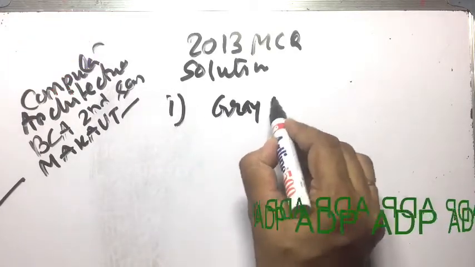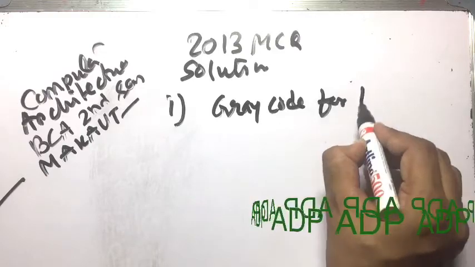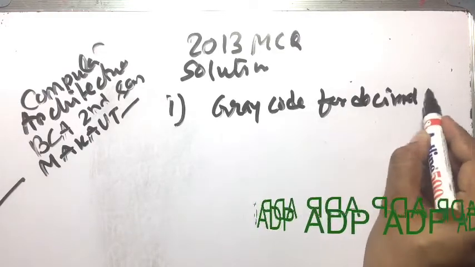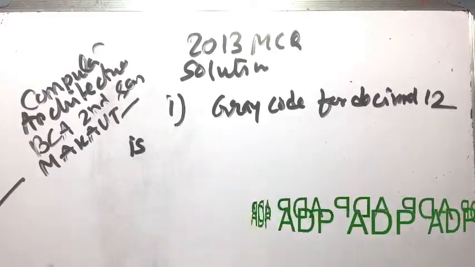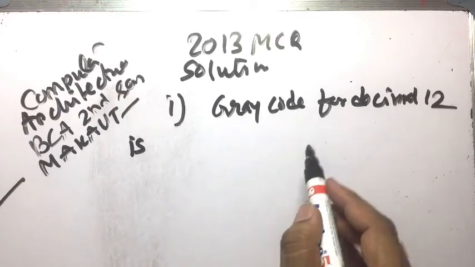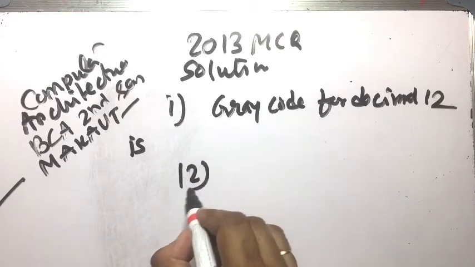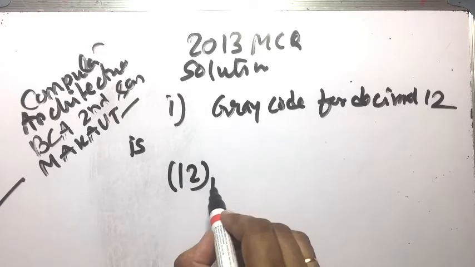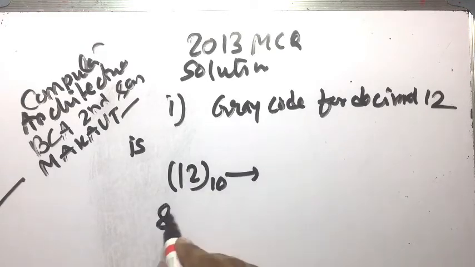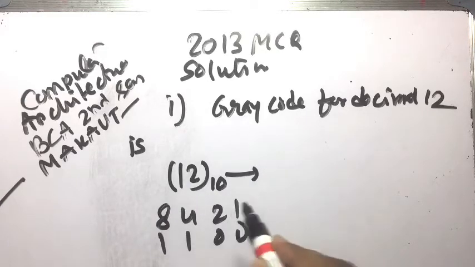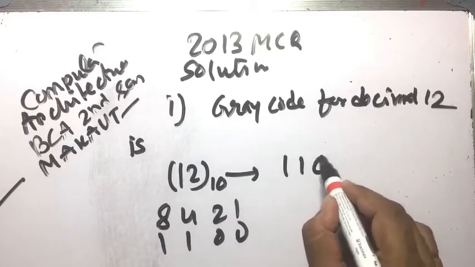The first question: Gray code for decimal 12 is? The decimal number is 12. We need to convert it into binary. In 8421 code, 12 corresponds to binary 1100.